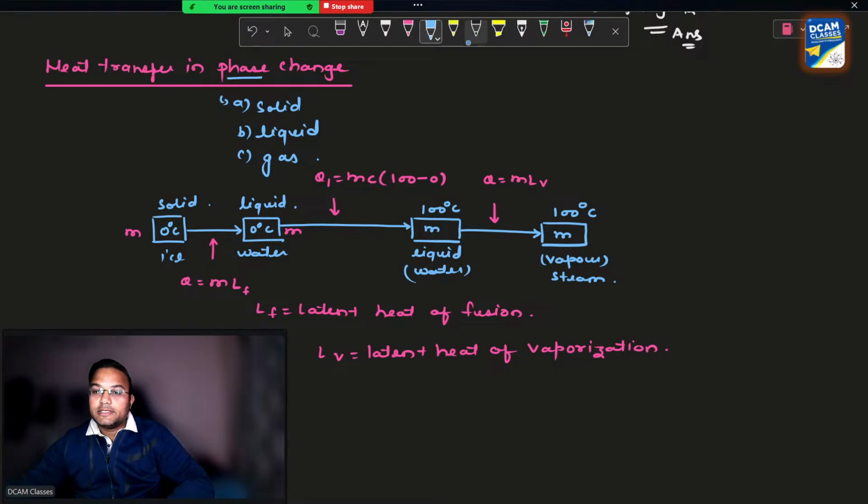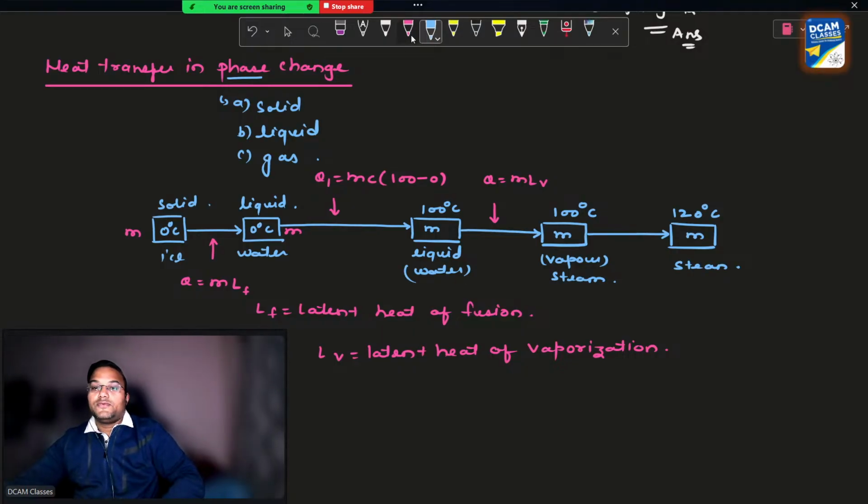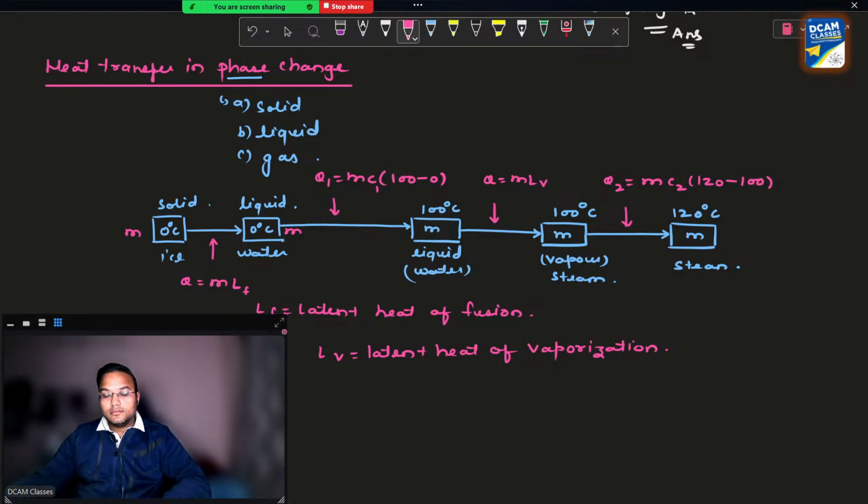Again, if the temperature is raised to 120 degrees Celsius, same mass, in the same steam phase only, the amount of heat that it will absorb will be Q2 is equal to M C2 into 120 minus 100, like that.